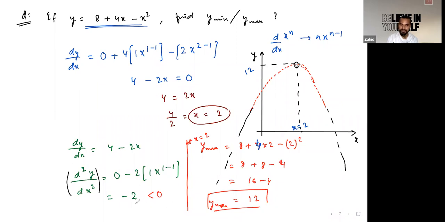It is not the value of the function itself. So to find the value of y, you have to put this value of x in the first expression. Is it clear, Nikhil? Yes, sir. Understood.